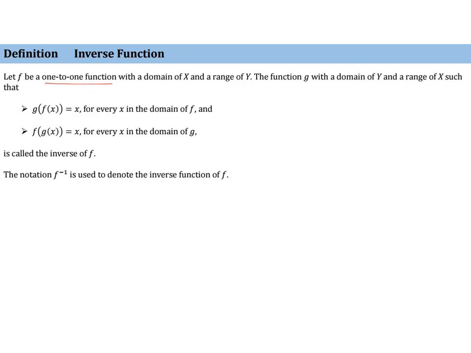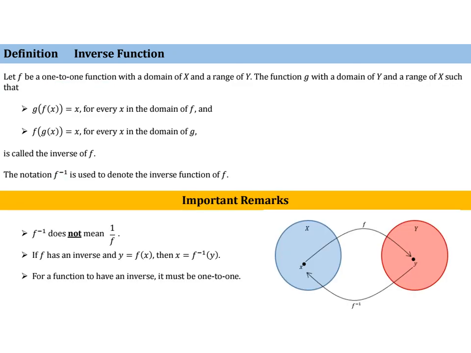We call g f inverse, and we denote f inverse with a superscript of -1. Now let's be careful: that -1 is not an exponent. It does not mean 1 over f. You cannot just simply flip the function and that's the inverse.